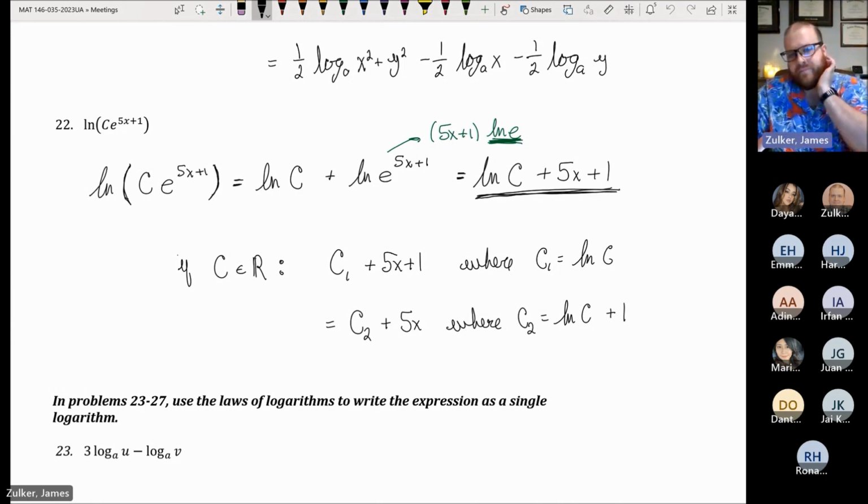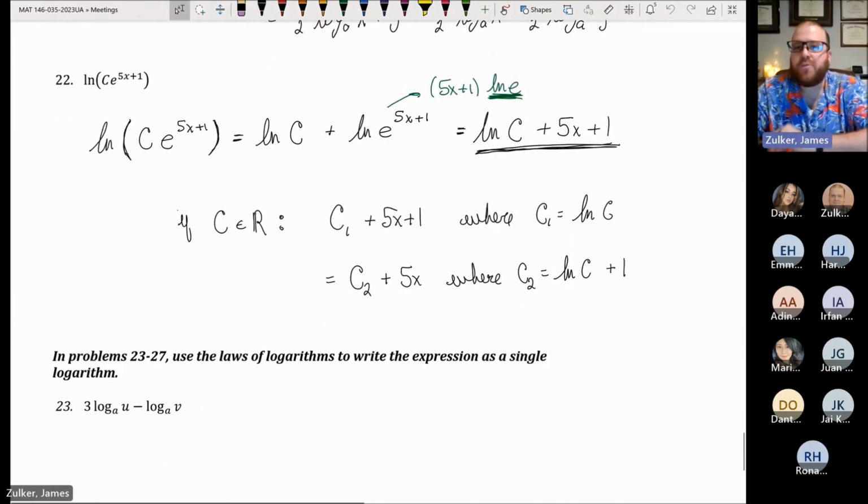Okay. Now what we're going to do is we're going to go in the other direction. We're going to be given an expression, and we want to condense it. In other words, we want to write it as a single logarithm.